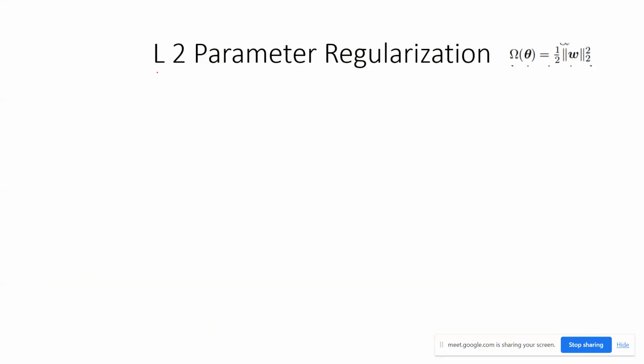For that, we are using L2 parameter regularization. This is also your mid-exam question: what is L2 norm, L2 regularization? L2 parameter regularization is norm 2. This is the equation, which is from the first unit.